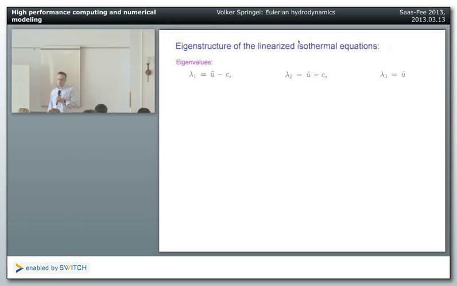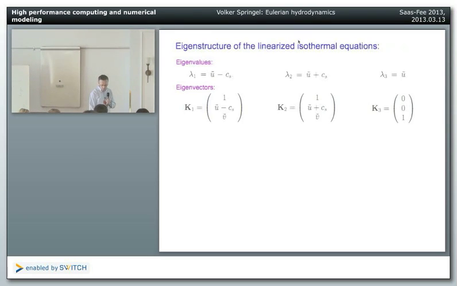So there are 3 eigenvalues of this advection equation. One is a wave speed that is just the average velocity of the gas minus the sound speed, so there's something going to the left. Then there's a wave going to the right with the average velocity plus the sound speed. And there's something that is just moving with the average fluid velocity, which is like a contact wave.